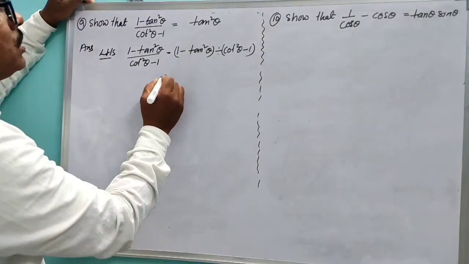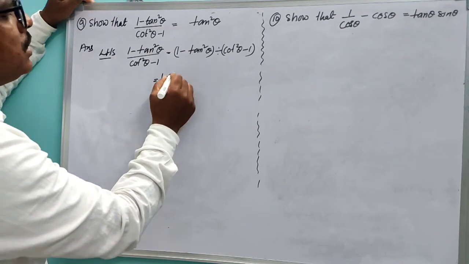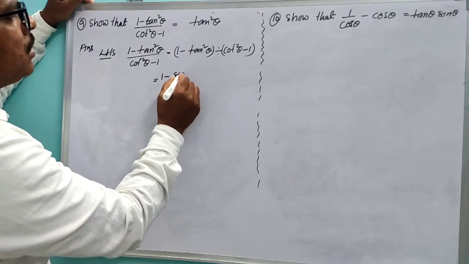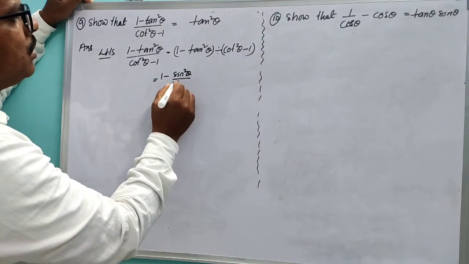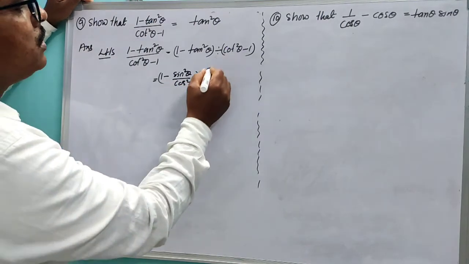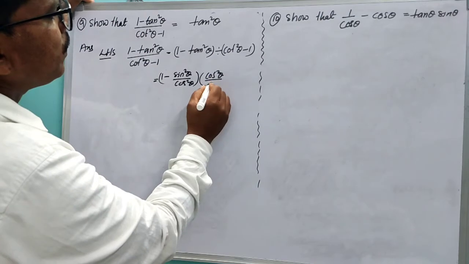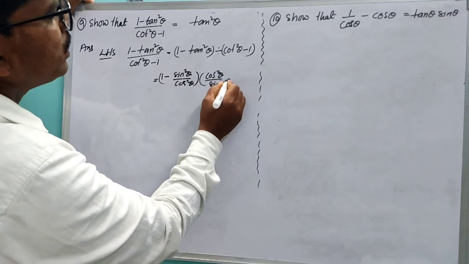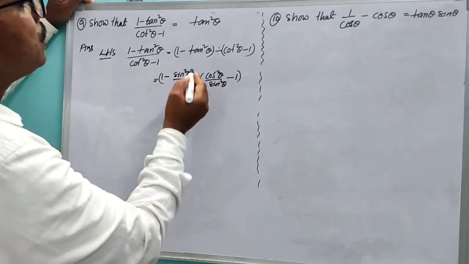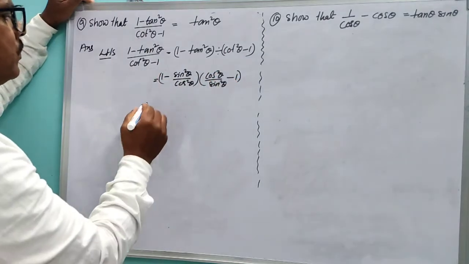Now, this 1 minus tan square theta, tan is sin square theta by cos square theta, and this is cos square theta by sin square theta minus 1. So tan can be written as like this and cot can be like this.